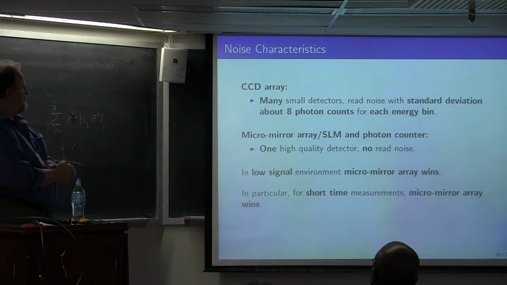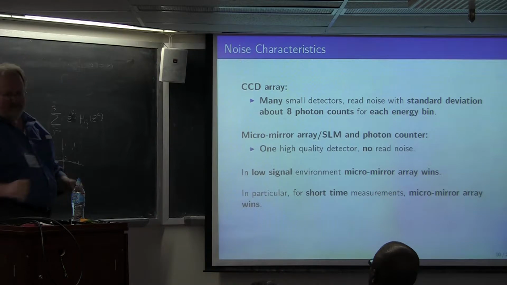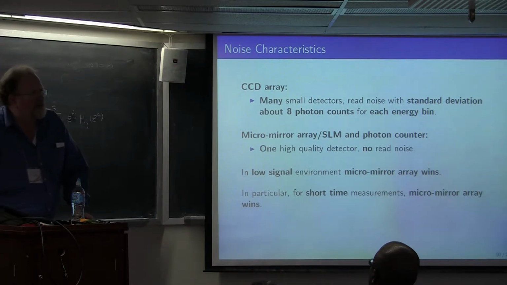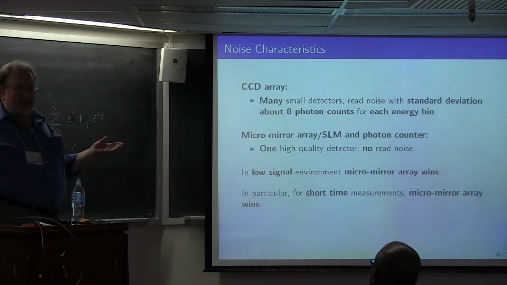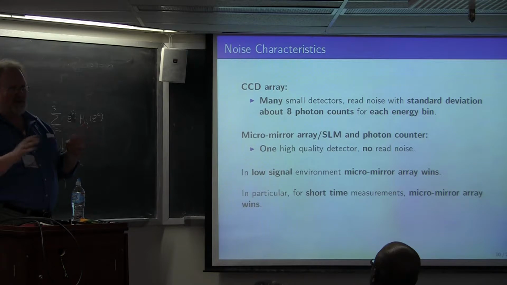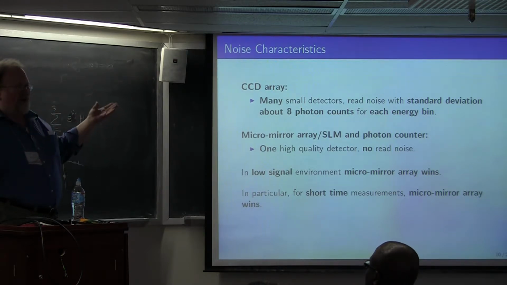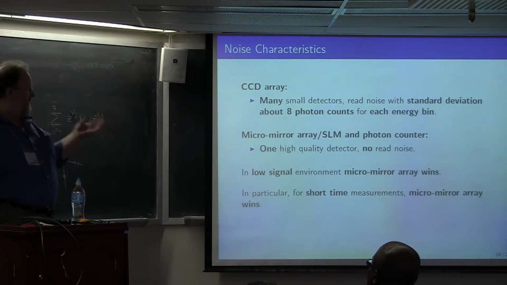And it's the same in these chemistry experiments. The read noise has a standard deviation of 8 photon counts. We measured this. That's standard deviation, so the variance is 64. So even if you don't have any signal, you have a Poisson distribution of counts with mean 8. That's a lot. I'm going to be talking about things where we count 10 photons total. So if you have an average noise of 8 at each pixel, you're going to lose.